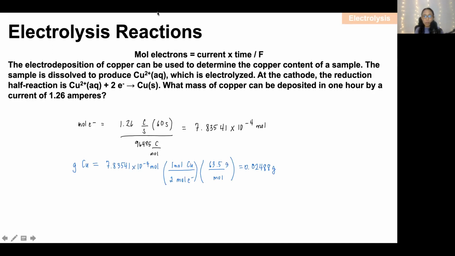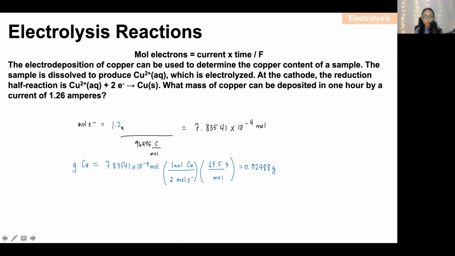Okay, wait, I missed one conversion here. So 1 hour is not equal to 60 seconds, rather it's equal to 3,600 seconds. So I did it directly instead of writing it one by one.